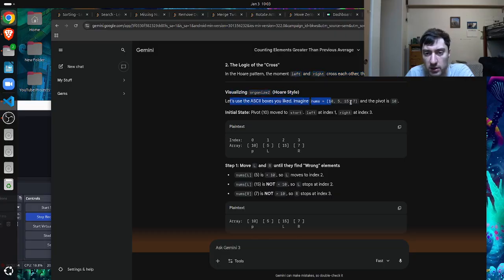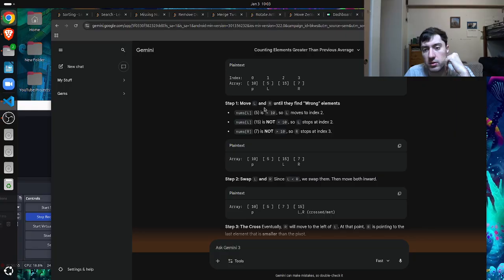Okay, use ASCII. Okay, we have this, and the pivot is 10. Move to start left at the start, okay. Until they find the wrong elements. Is less than, so it moves over.